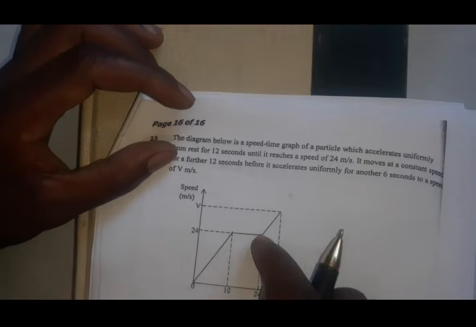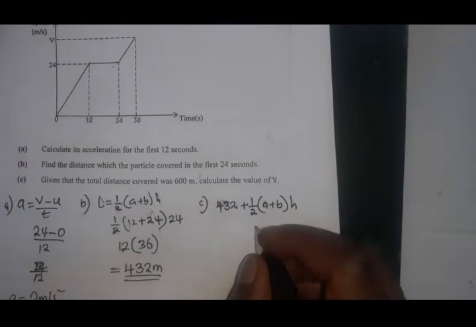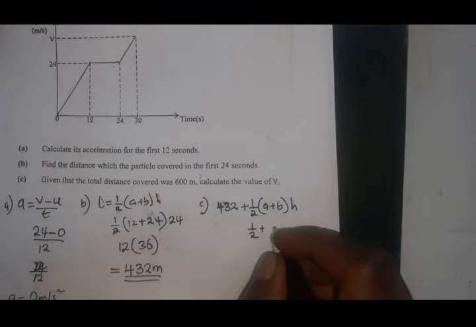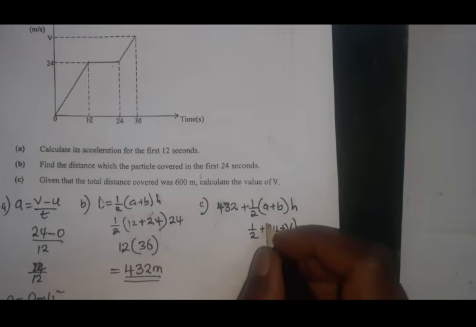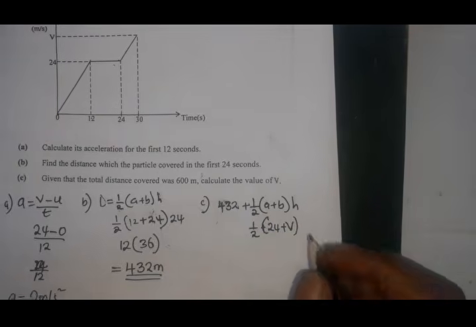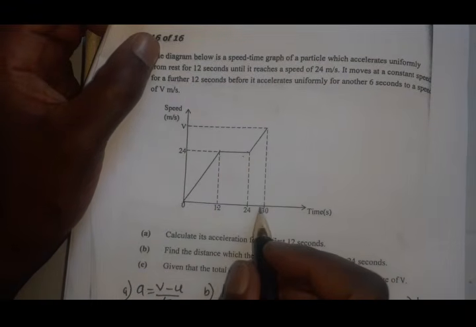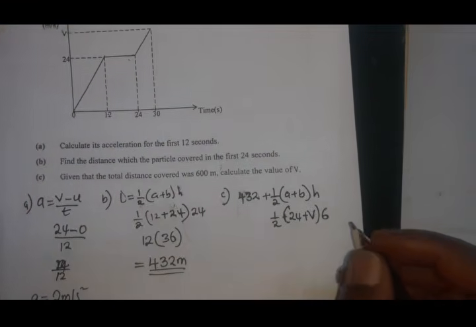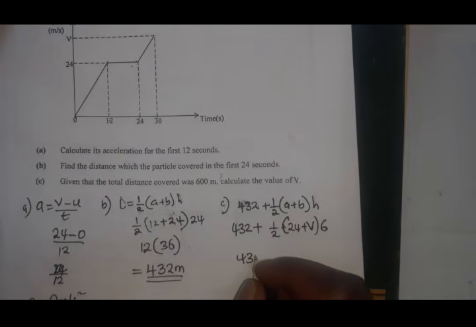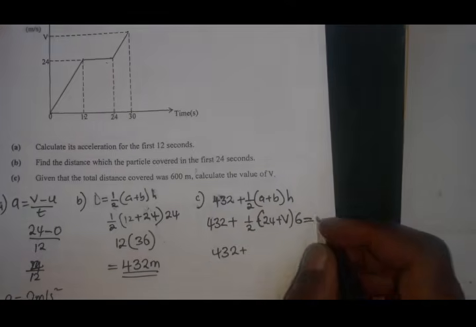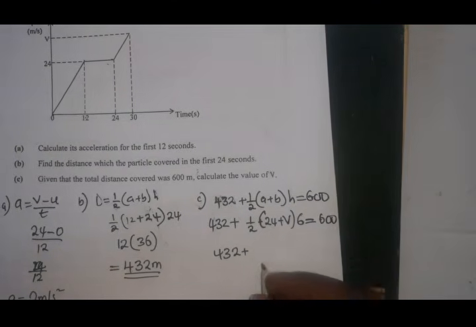The first one goes up to 24, the other one goes up to V. So we have 1 over 2 times (24 plus V), and our h we get from here, which is 6. Take note, here we have 432 plus this, which must be equated to 600, the distance that we have been given.